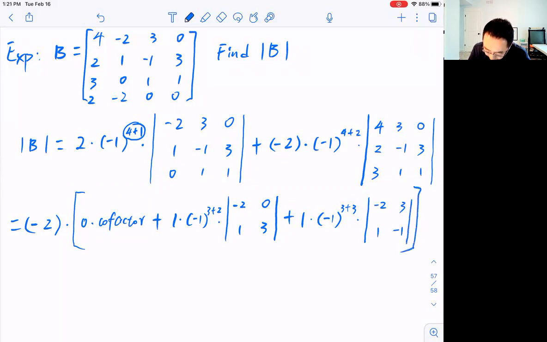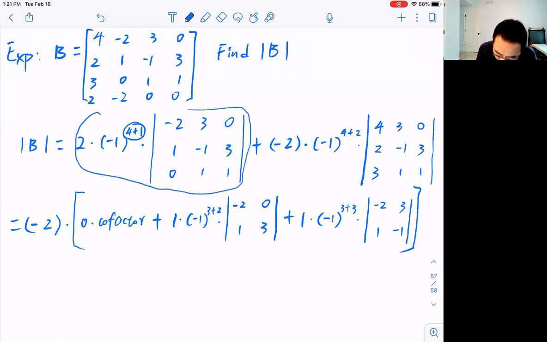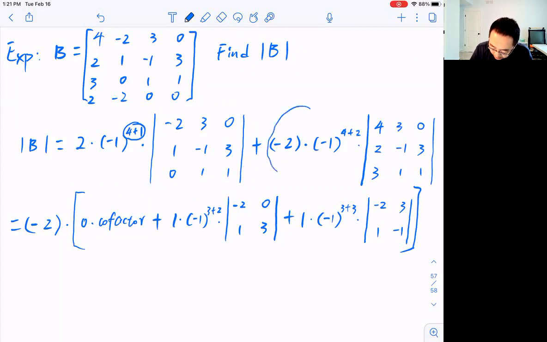This whole thing is this one term right here, because we're trying to find the determinant of that 3 by 3 matrix, which is a minor from the 4 by 4 matrix we had previously. So that's that term. We still have this entire term here that we need to deal with.